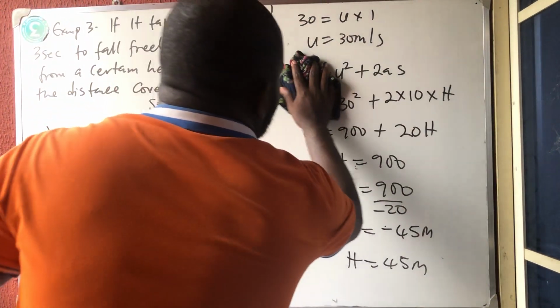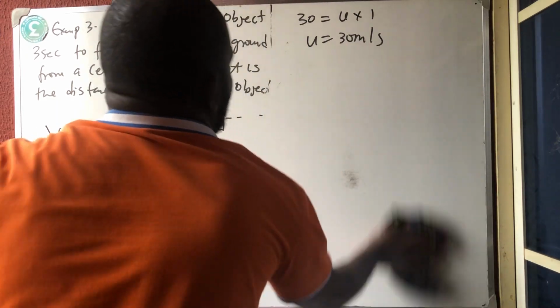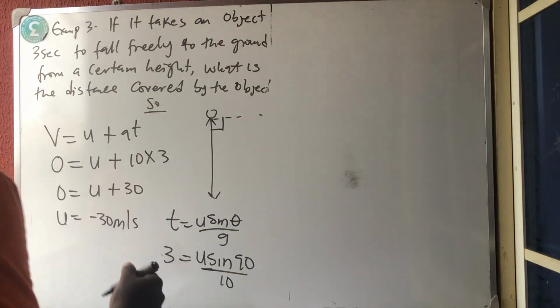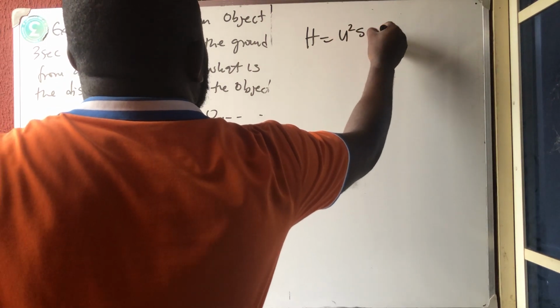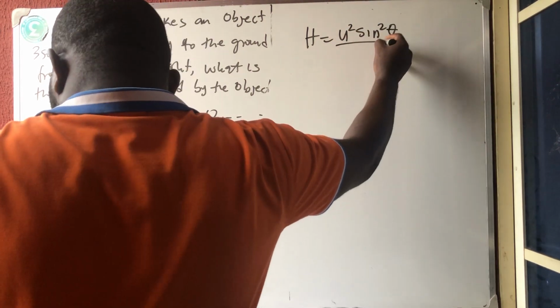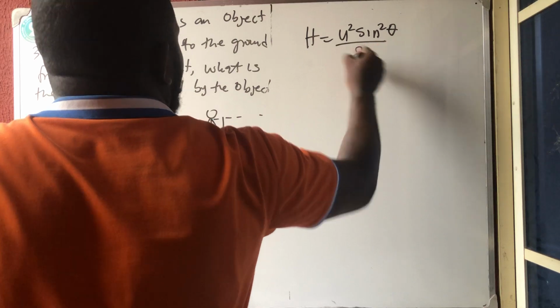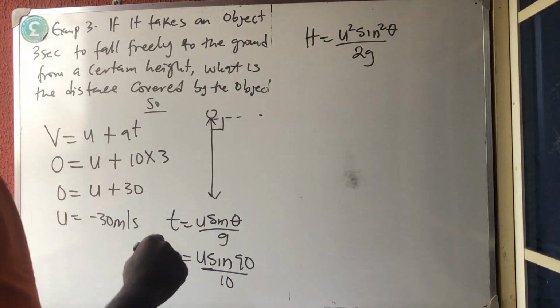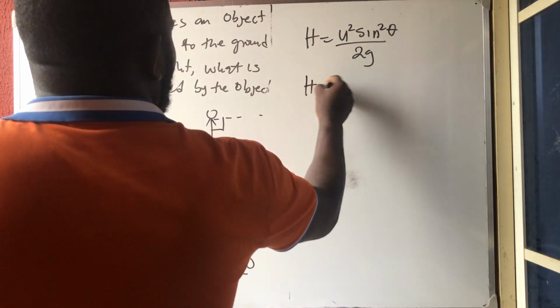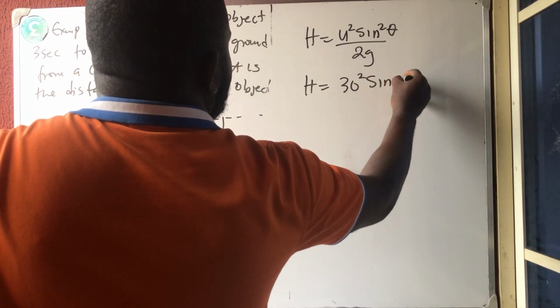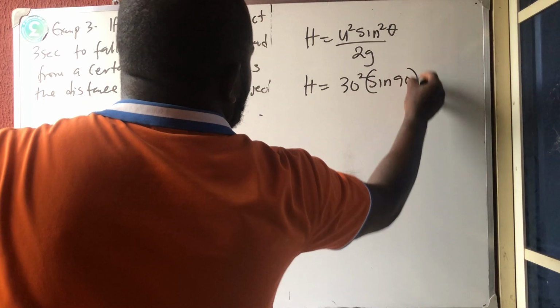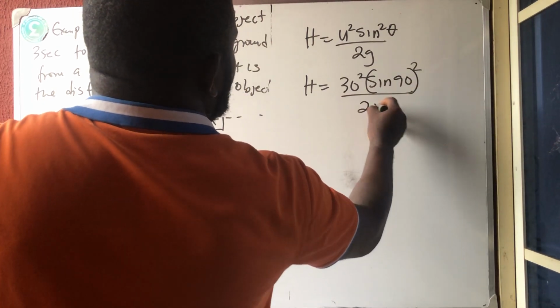But if we use the normal formula we have derived, the formula for h is equal to u squared sine squared theta all over 2g. Okay, it's only height that we have 2g. So h is equal to 30 squared sine 90 all squared, all over 2 times 10.